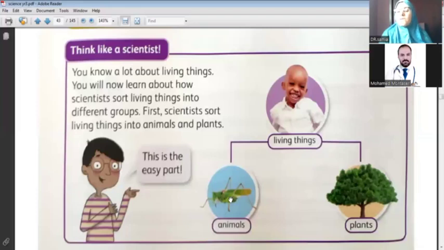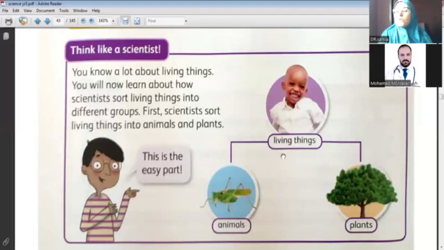So the first classification of the living things, the first groups I made. We agreed living things include humans, animals, and plants. I want to study all of them, so I have to make groups for the living things to make it easy to know their features.